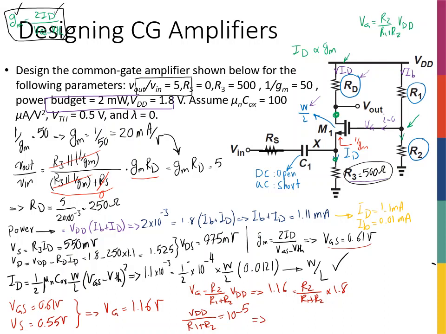Therefore, 1.8 divided by R1 plus R2 should be 10 to the negative 5. So I have two equations, two unknowns. I get R1 and R2. Okay, so that's how I actually find R1, R2, RD, and the geometry of my amplifier.